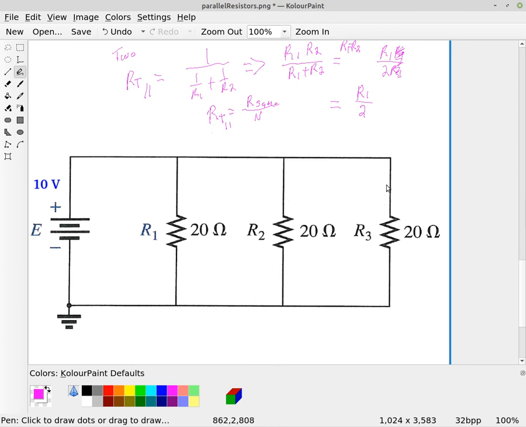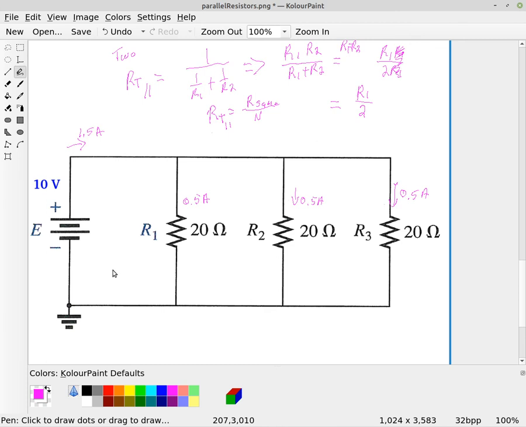They're all 20 ohms. So as we've already discussed, right, we're applying 10 volts. So I'm going to have half an ampere through each one of these resistors. Given that, this power supply is going to have to feed out 1.5 amperes.